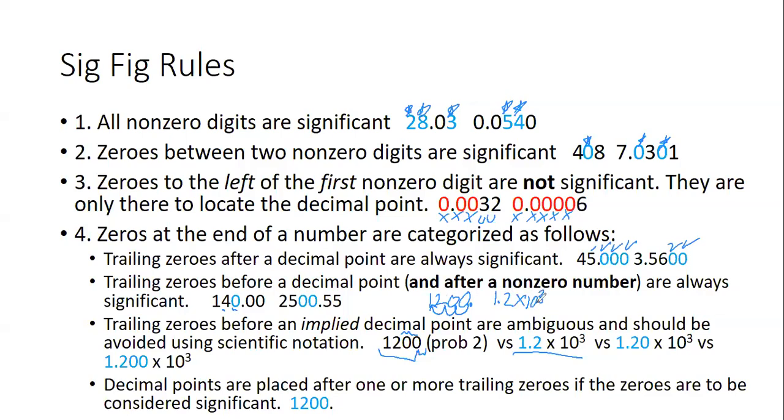Now, what if there's 3 sig figs? I can do the same type of exercise. 1, 2, 3. And I can just report 1.20 because there's 3 sig figs, times 10 to the 3. Now you can also move my arrow over twice and do 12.0 times 10 to the 2. Those are actually the same numbers, 1.20 times 10 to the 3 or 12.0 times 10 to the 2.